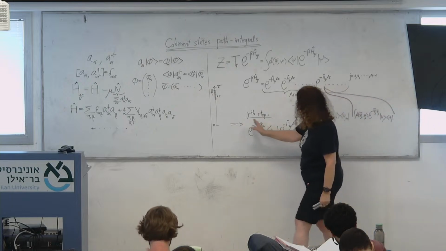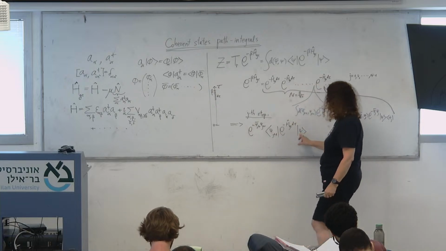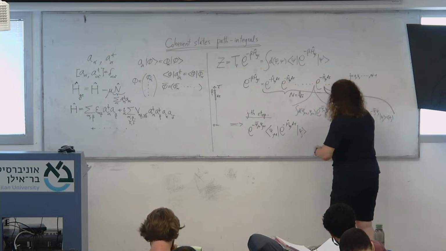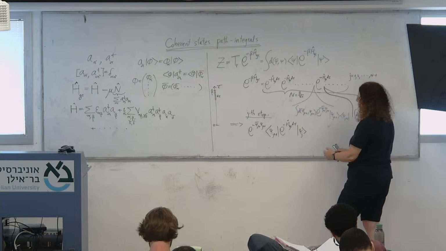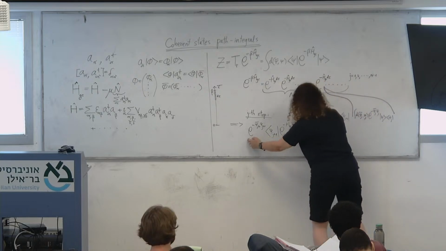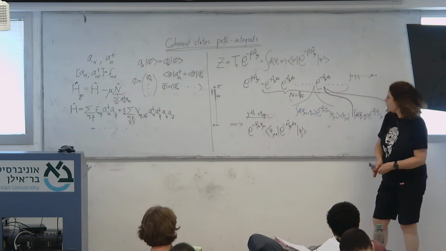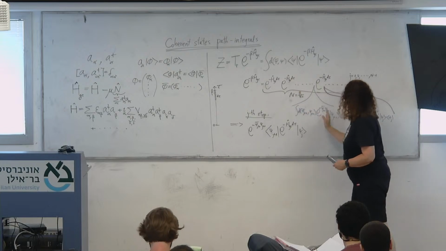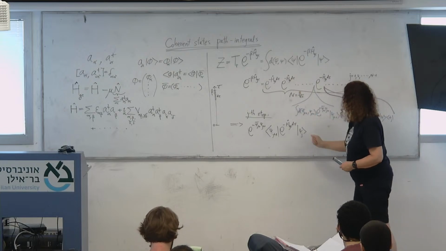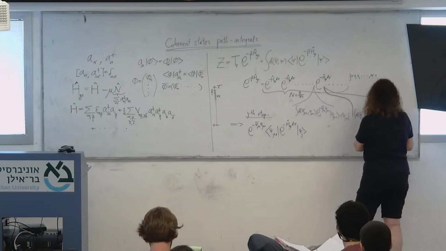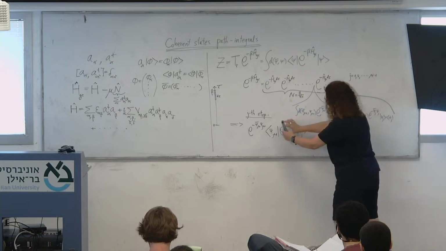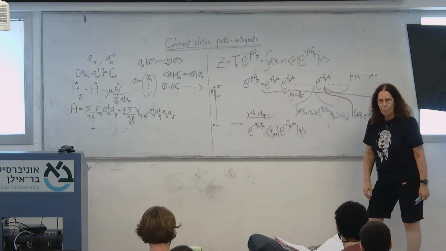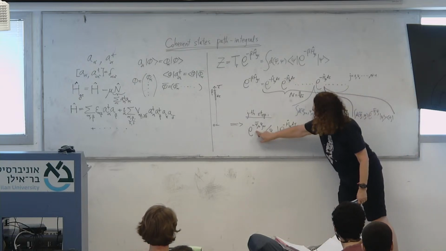And of course, in the end, we are going to integrate over all these variables, all the psi j's. But inside the integral, what we have is a product over j of such things. You see, this is because this psi j plus 1 will already be coupled to the next exponential, and this one to the next exponential. And I'm just left with this matrix element times the normalization factor. I remind you where that comes from.